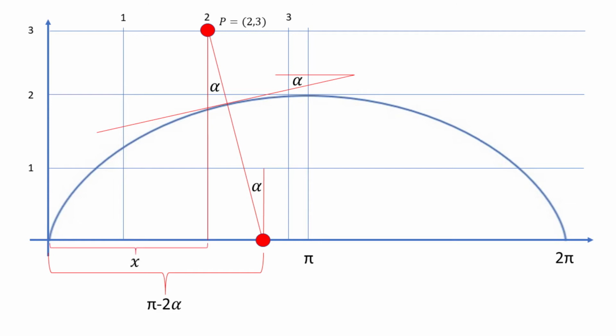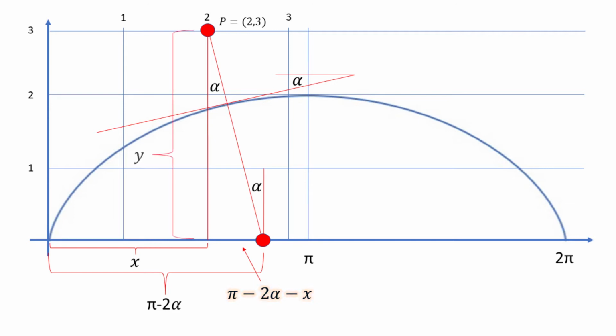Well, we're already given that, thankfully, by our point, 2. So now we have x, we have our t value, and if you look at the bottom leg of that triangle, looks like we have pi minus 2a, and if I subtract x from that, I will have my pi minus 2a minus x.